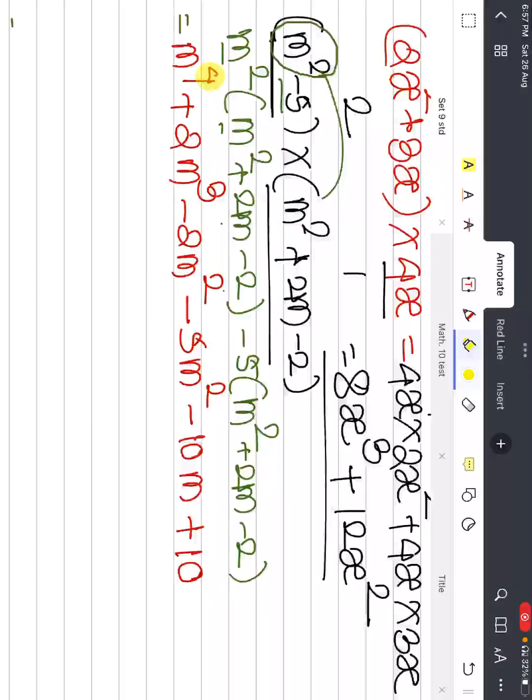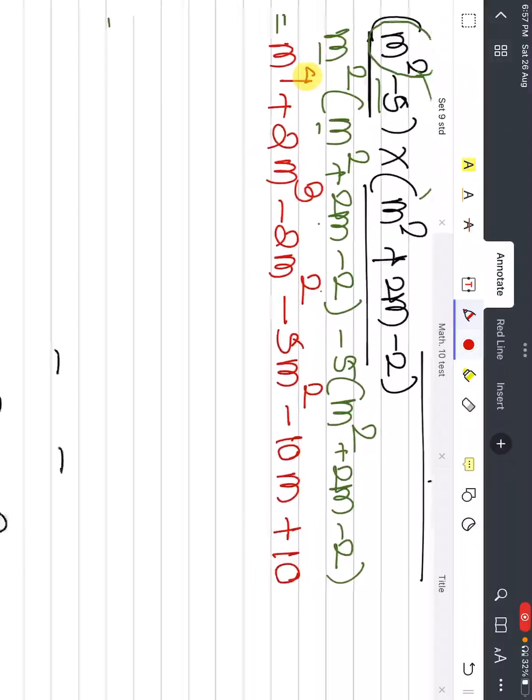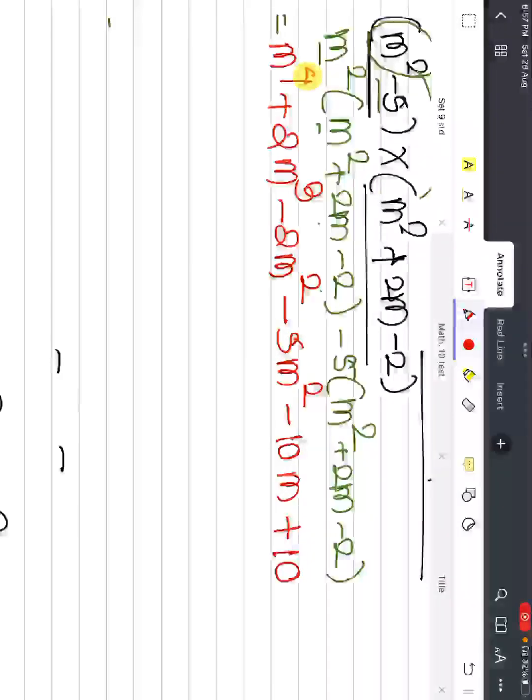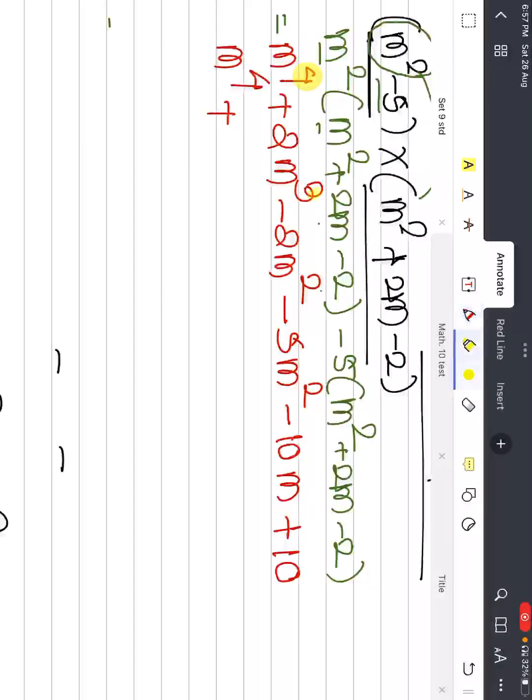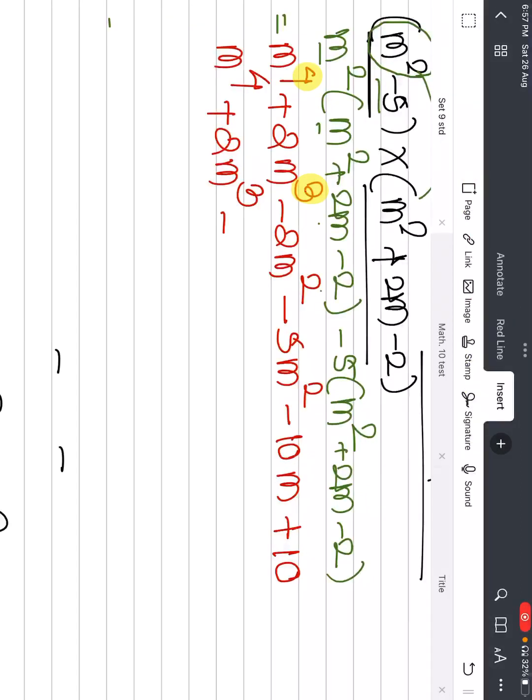Just write the first term m raised to 4, plus once again we have only one cube term, so we write 2m cube.